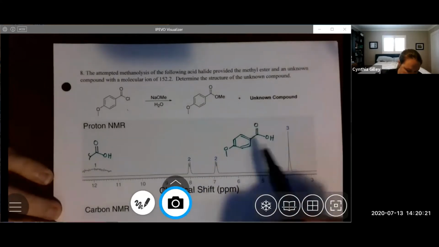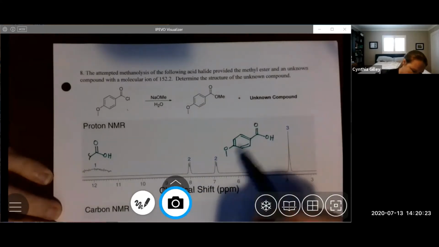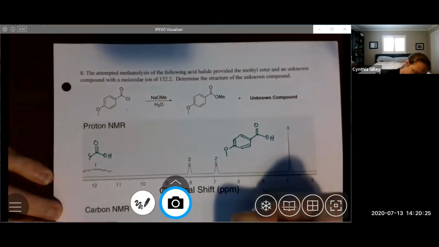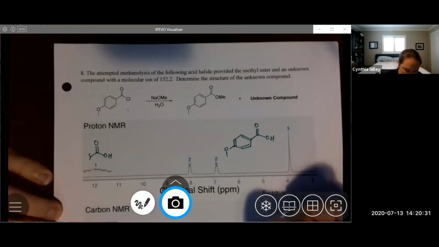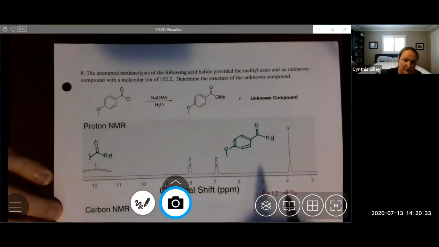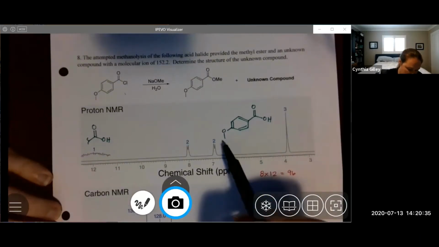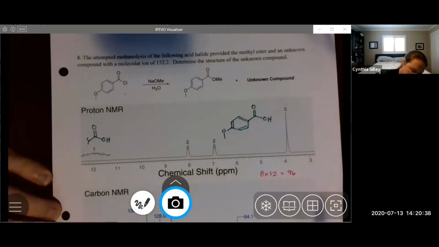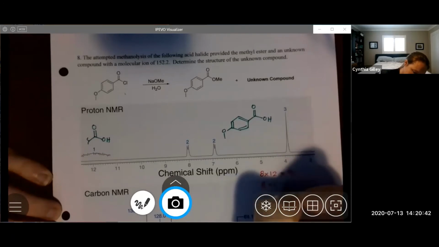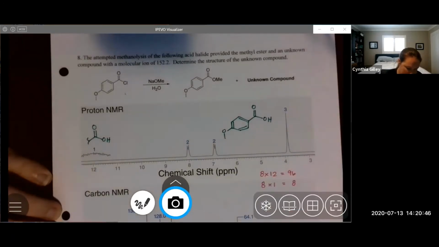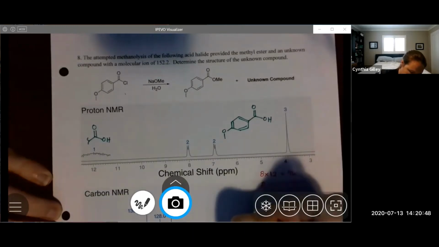So we have 6 carbons in the ring, 7, 8. So 8 times 12 is 96. How many hydrogens do we have? 1, 2, 3, 4, 5, 6, 7, 8. Plus, and then how many oxygens? 3 oxygens.